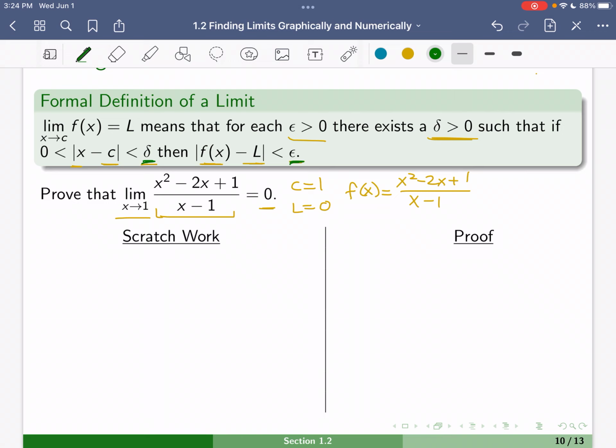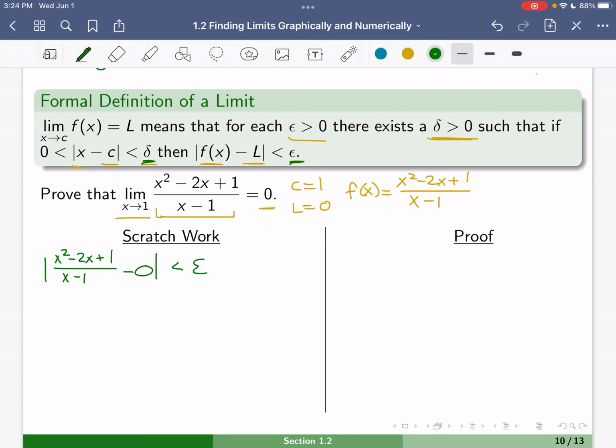So we found our function. We are going to start with this right here: the absolute value of f of x minus L is less than epsilon. Our function f of x is x squared minus 2x plus 1 over x minus 1, minus L, our value of L was 0, is less than epsilon.